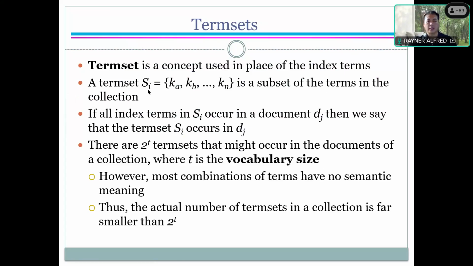So since we have T as our number of keywords, we have the possibility to have 2 to the power of T term sets in your vocabulary. Okay, so let me show the example.